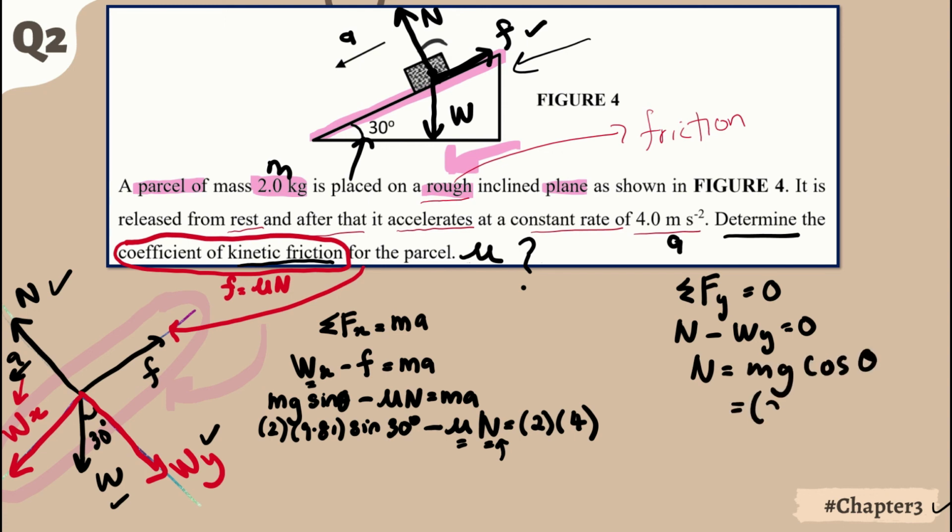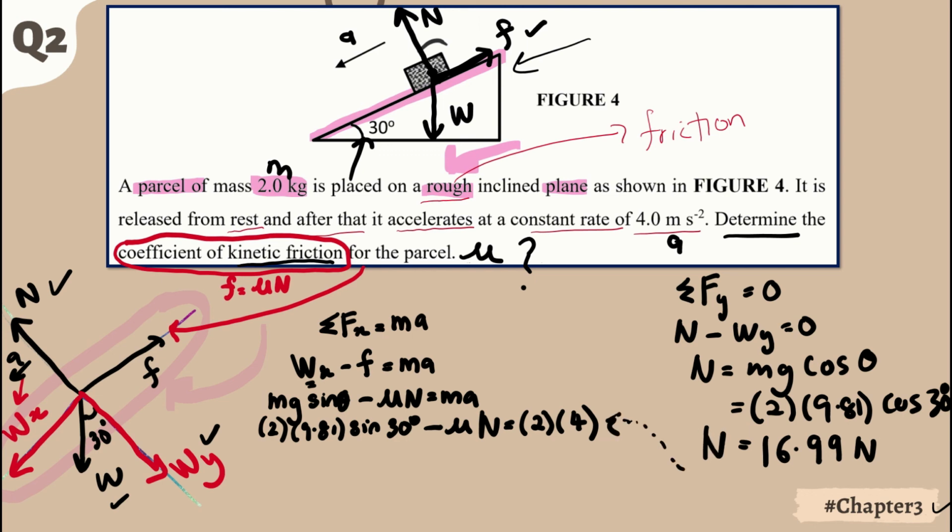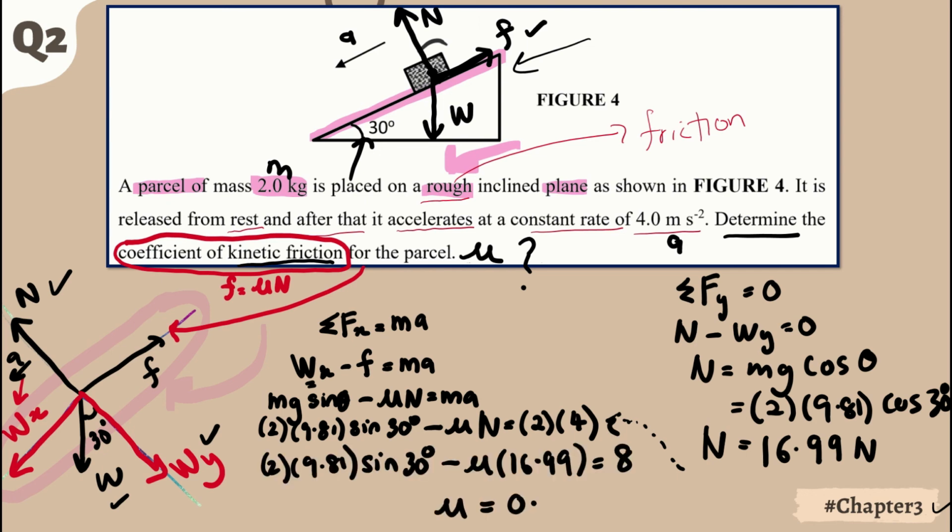Then we substitute the values, 9.81 cos 30, and we have our normal as 16.99 Newton. Now we substitute our value of normal into the first equation, and finally you are supposed to have your mu as 0.107.